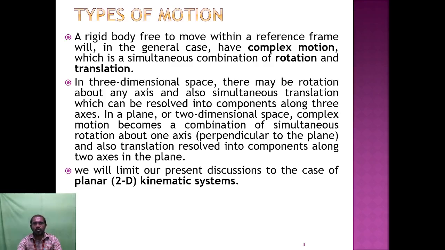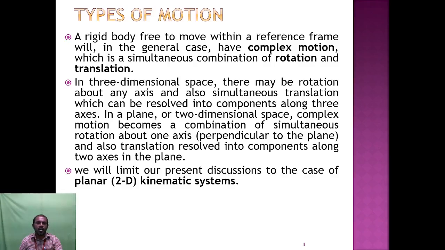But rotation motion is rotating through 360 degrees, or the curved motion of rotation. A rigid body free to move within a reference frame will in general have complex motion, which is simultaneously a combination of rotation and translation.